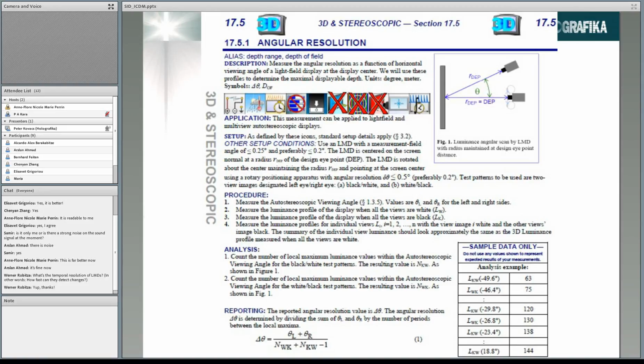And this basically gives us the angular resolution if we divide it by the viewing angle.